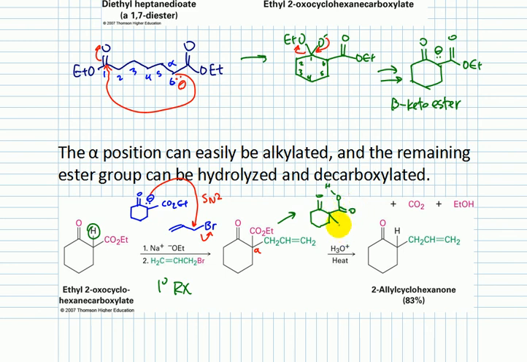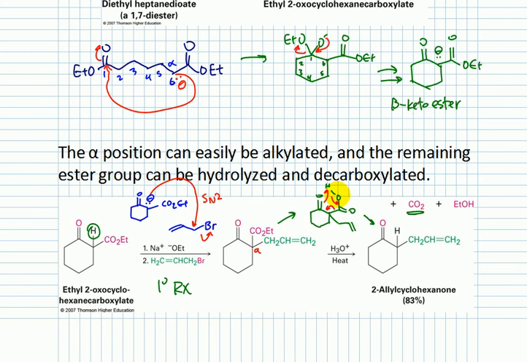And then we also have our alkylation that happened. And then remember what happens in decarboxylation. We end up with the enol, which retautomerizes to the keto form, and we lose CO2 then. So the ethanol came from hydrolyzing that ester.